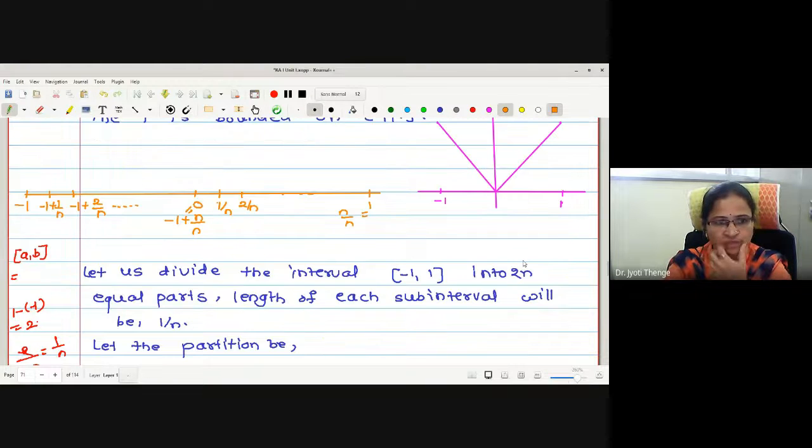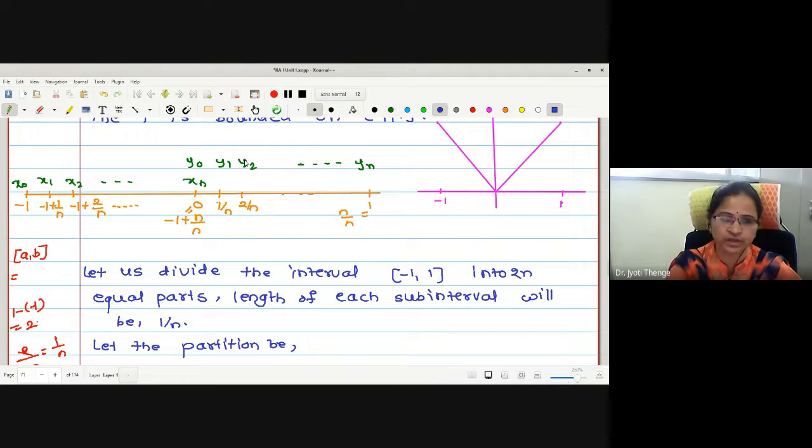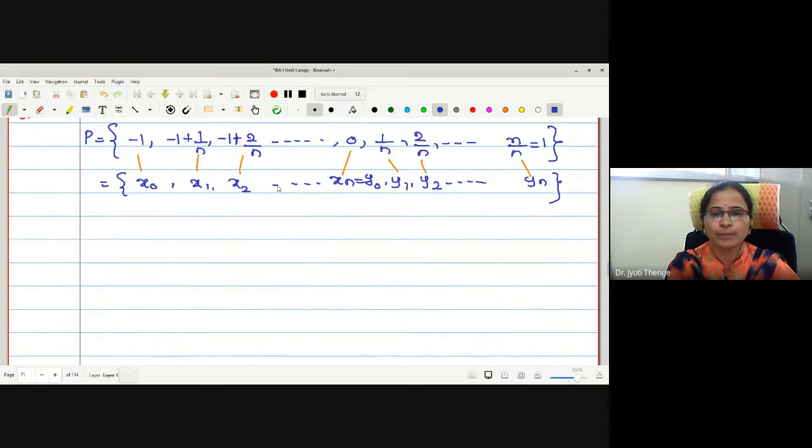The points on the left part of the region we write as x0, x1, x2 to xn. From this point we start y0, y1, y2 to yn. Different symbols we are just using in order to write the partition. Is the partition understood?